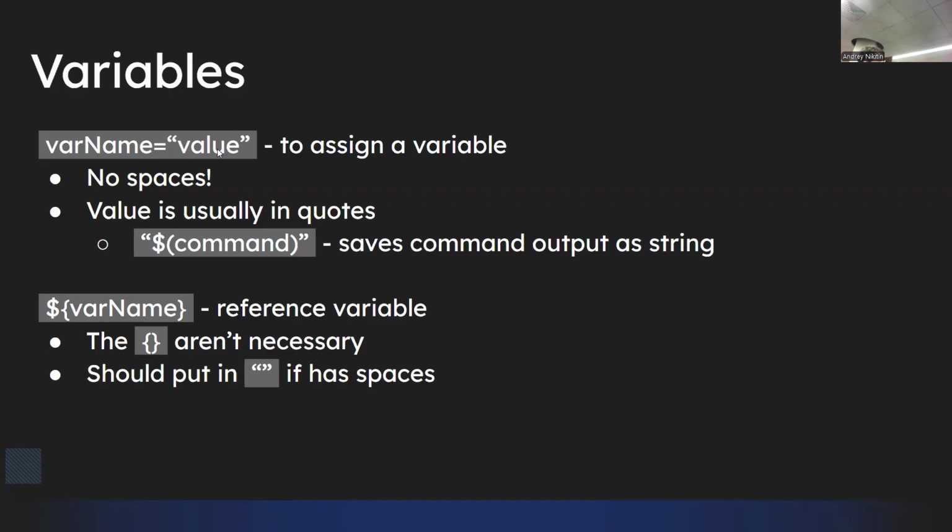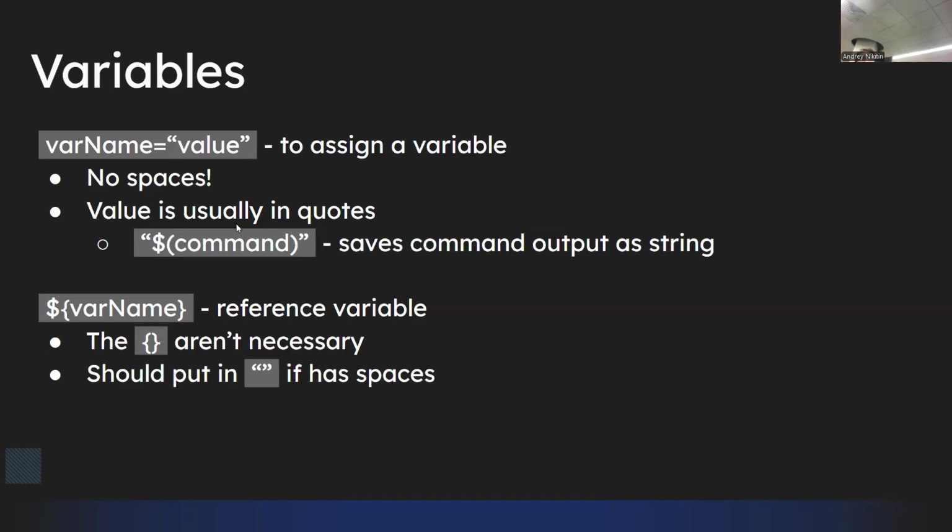The value could either be a thing on its own. For example, if I wanted the number 3, I could just put 3 there. But if it's something like a sentence, there are going to be spaces in the middle, and I don't want it to break in the middle. So usually we put the value in quotes. That's just the safest way of going about things because we know it's going to include everything.